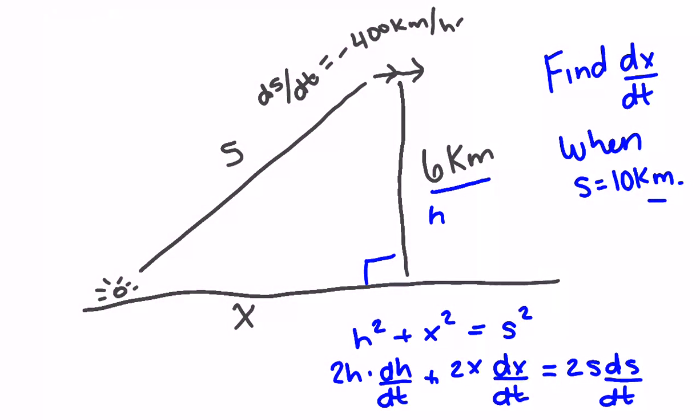The next thing we're going to do is start plugging in the values that we know. Now we know that the height does not change. The reason that we know that is because they told us that the height was always 6 kilometers. So that means that this value right here, dh dt, is going to be 0. So we're going to have 2h times 0 plus, at this point in time, they have told us that s is 10, but they have not told us what x is.